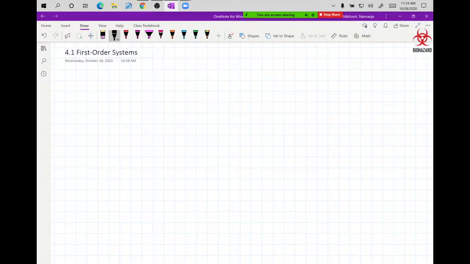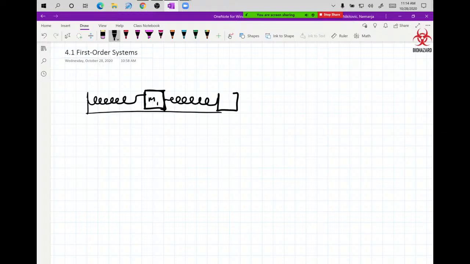So let's start with the idea of a mechanical system. Maybe it's usually the best. We have one spring attached to mass 1, and then there is another spring attached to mass 2, and you can pull this with some force F of t.